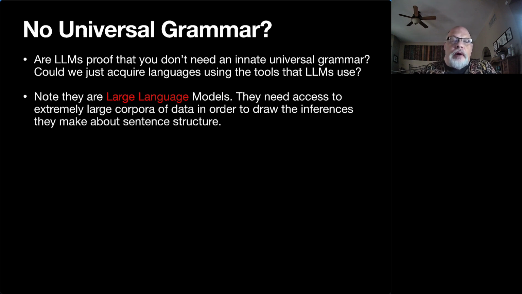Part of the problem with this is that they are, by definition, large language models. They need access to extremely large corpora of data in order to draw the statistical inferences they make about sentence structure. You see this actually if you compare different versions of ChatGPT.